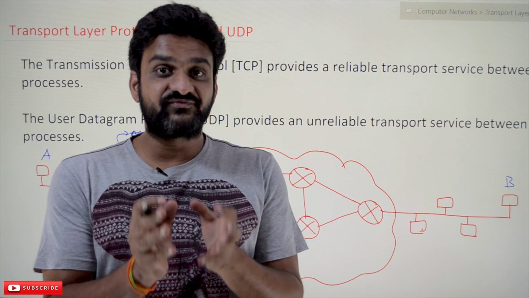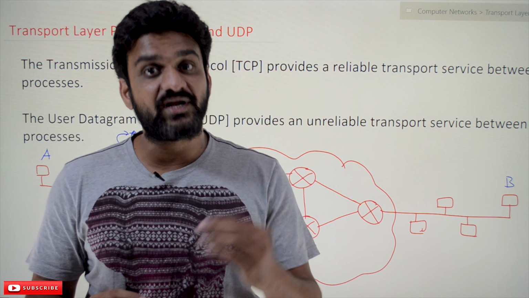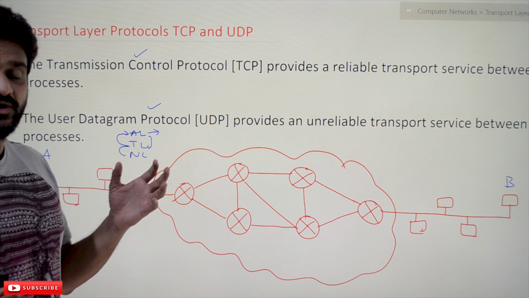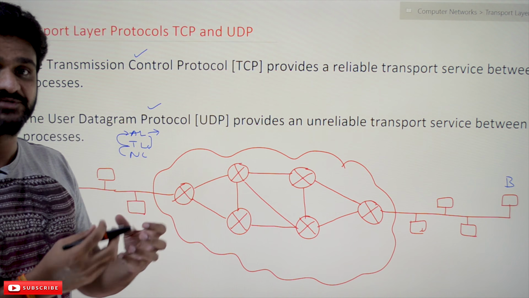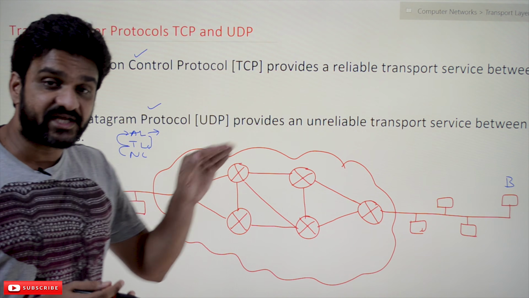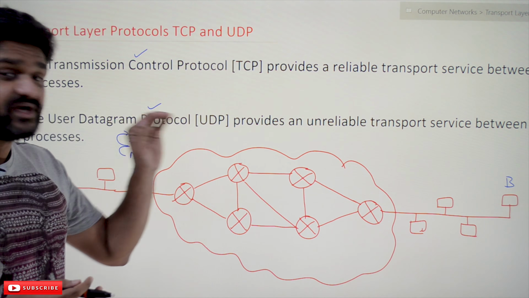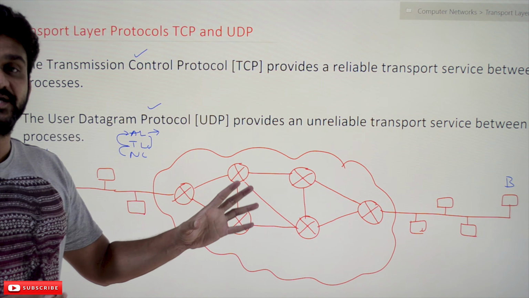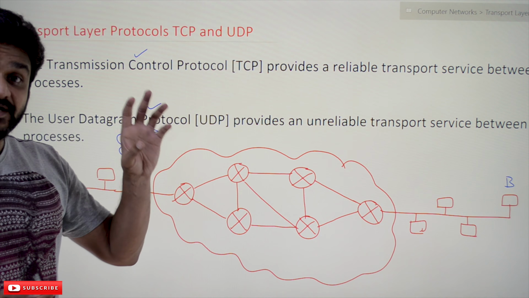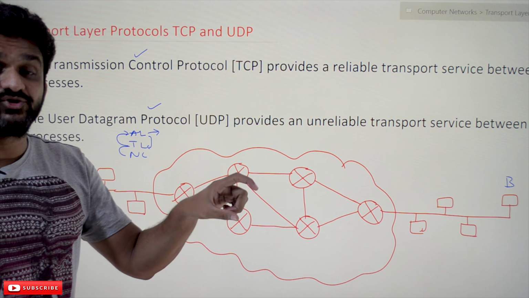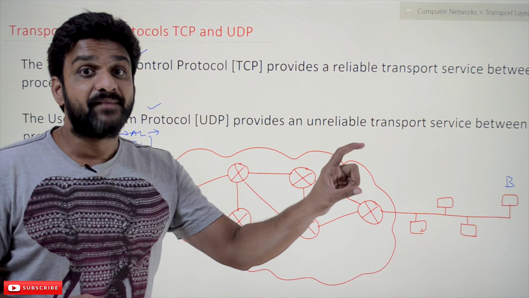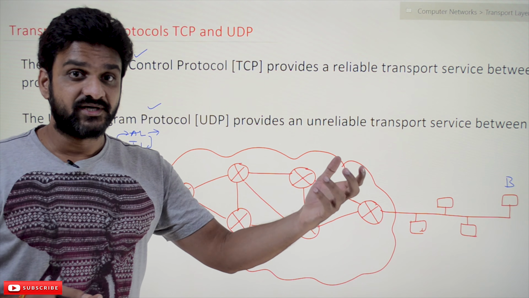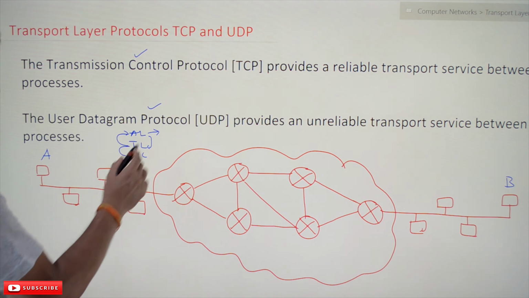It should be reliable because, for example, if a mail has some attachment and that mail is getting transmitted, in that transmission, if some of the packets have been discarded, it means some of the content has been spoiled. So that reliability has to be assured for some applications like mailing applications.